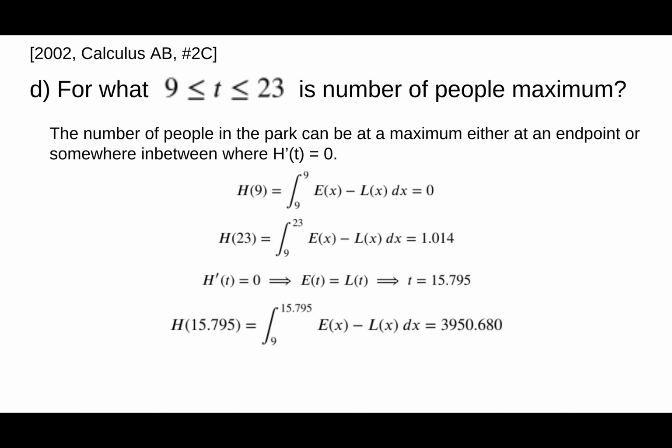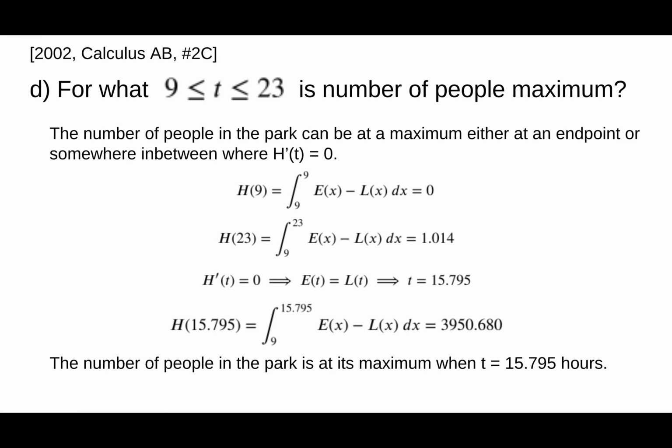Feel free to use your calculator to find this integral. It's 3,950.680, which is clearly bigger than 0 and 1. So the number of people in the park is maximized when t is equal to 15.795 hours.